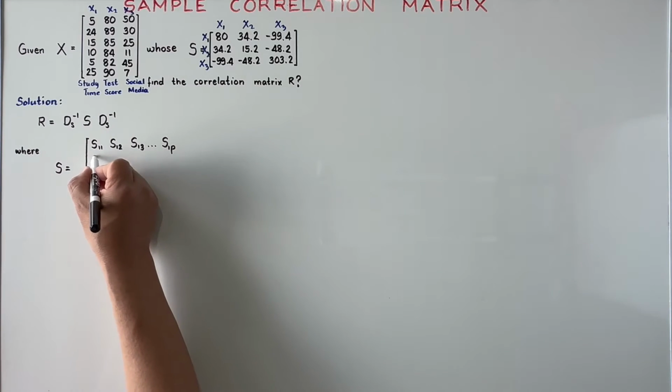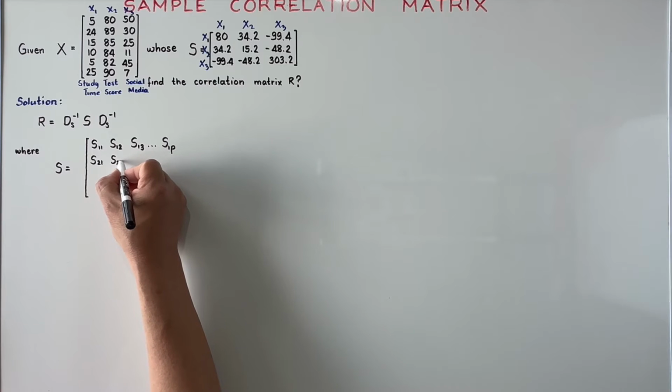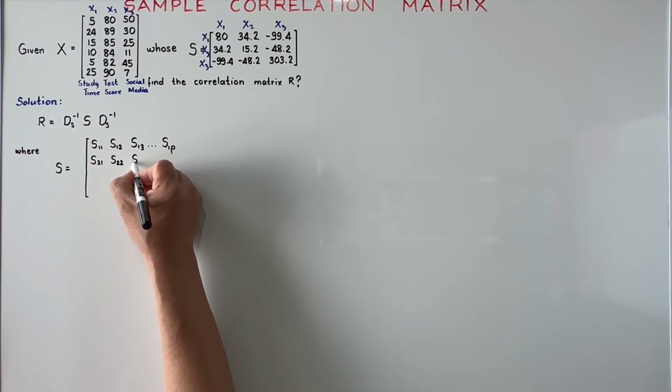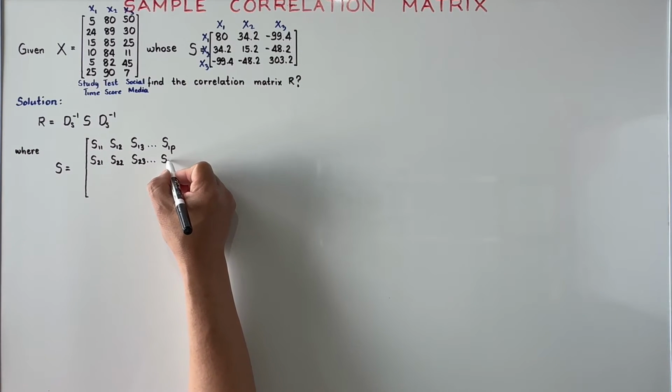We also have the covariance between the second variable and the first variable, the covariance between the second variable and itself, so that's S22, and the covariance between the second variable and the third variable, and so on. You will reach the covariance between the second variable and the pth variable.